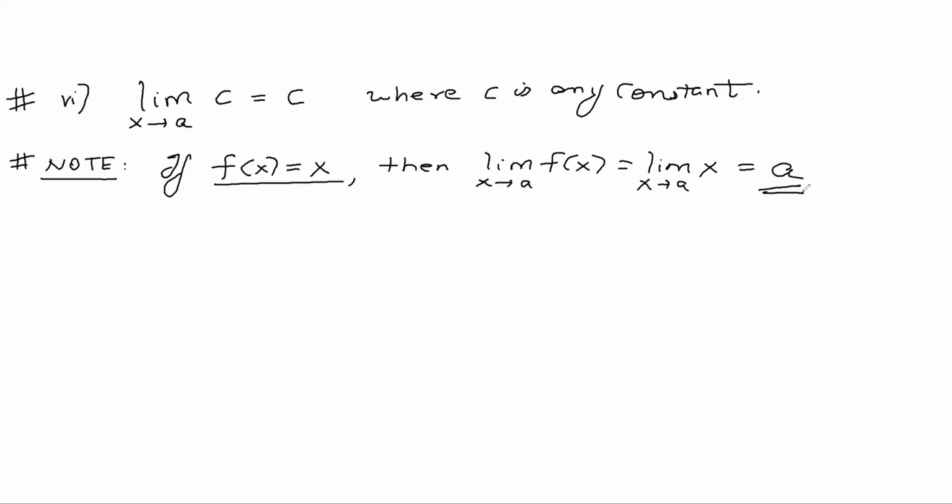So you can see this is a mirror function, y equal to x. All of us know how the y equal to x line looks. The y equal to x line or f of x equal to x line passes through the origin. If you want to see the graph of this function, it is like this. It is a 45-degree line. Okay, this is the line y equal to x. So if f of x is equal to x, then limit as x tends to a, f of x is exactly equal to a.